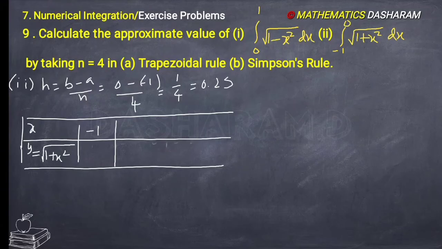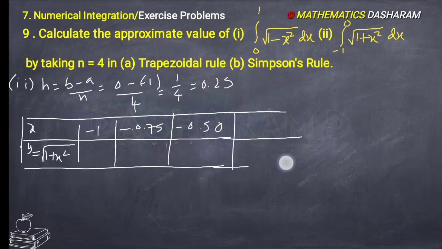First x value -1. -1 plus 0.25 is -0.75. Next minus 0.75 plus 0.25 is minus 0.50. Next minus 0.50 plus 0.25 is minus 0.25. Minus 0.25 plus 0.25 is 0.